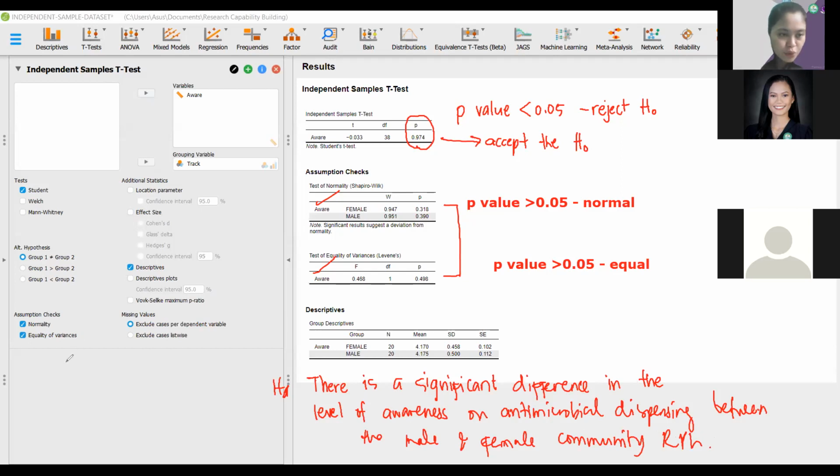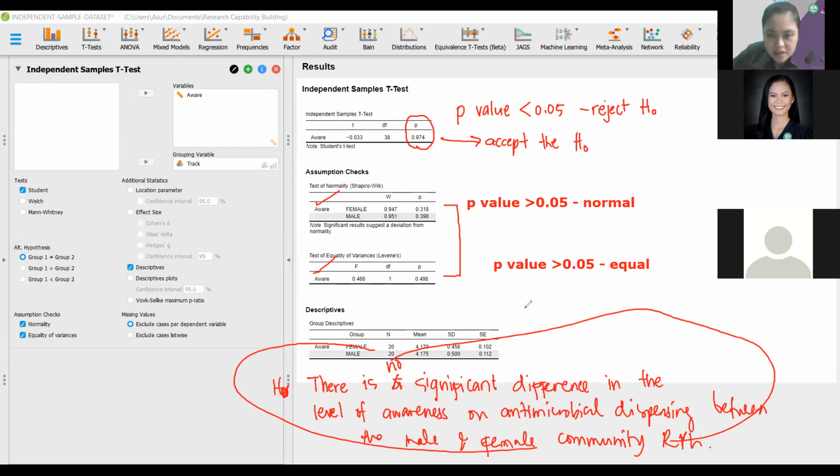Pagdating sa HO, lagyan mo lang ng, instead of a, gawin mo no. So, anong sabi? We are going to accept this null hypothesis. Meaning, wala palang difference yung level of awareness ng mga babae at lalaking community pharmacist in terms of antimicrobial dispensing.